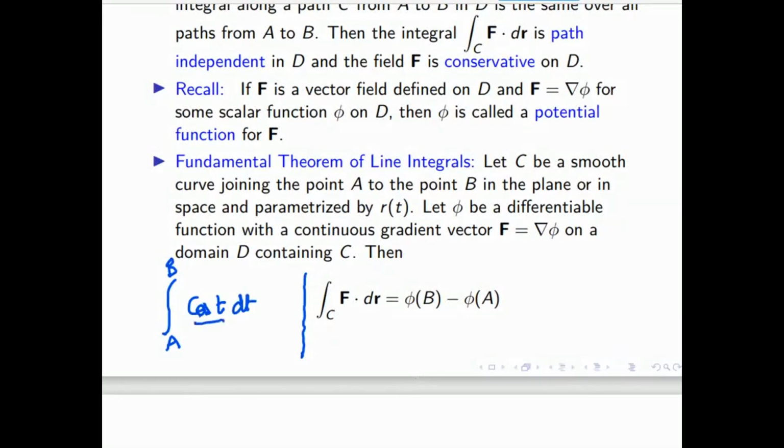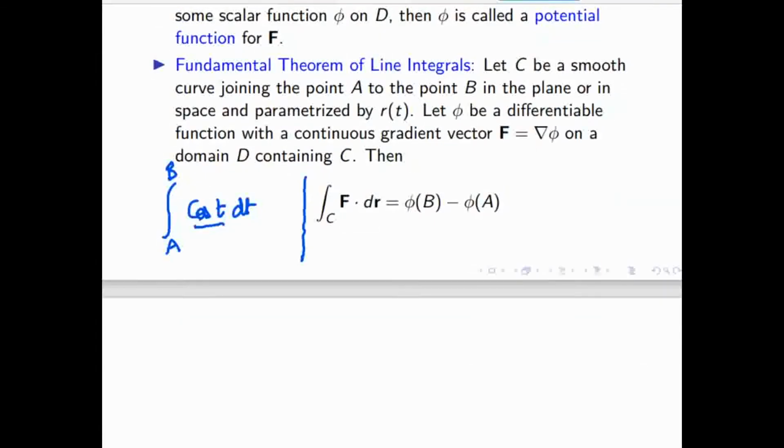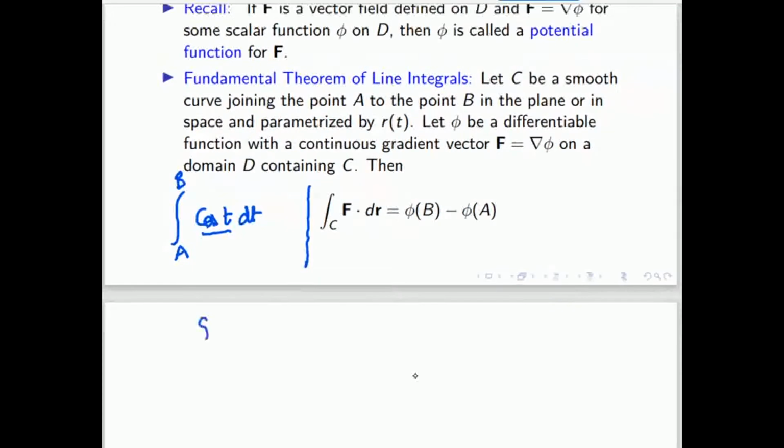So what is the integration of cos t? First we do the integration and we get sin t. Then we apply the upper limit and lower limit in order to calculate the integration. So this cos t is capital F and this sin t is phi. Then the answer will come as phi at b minus phi at a.